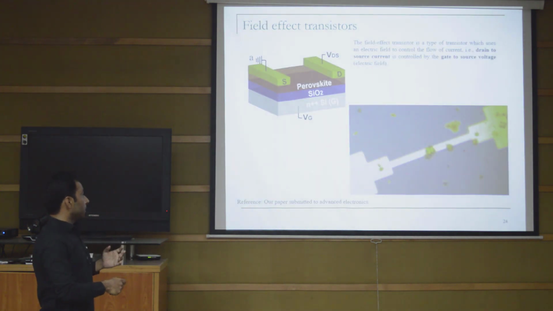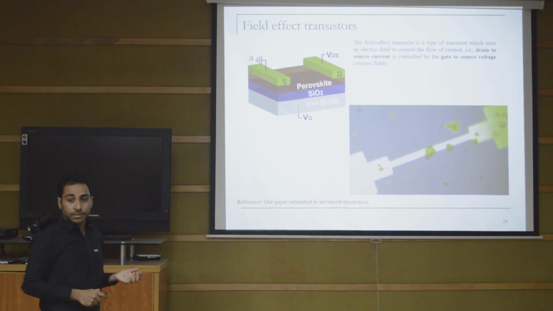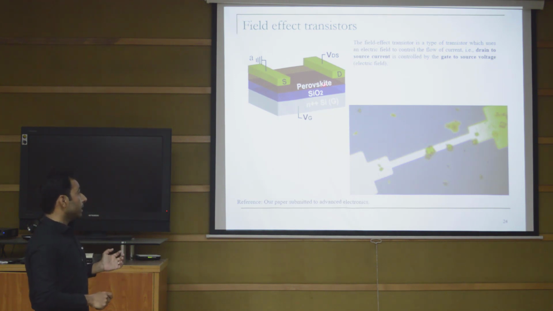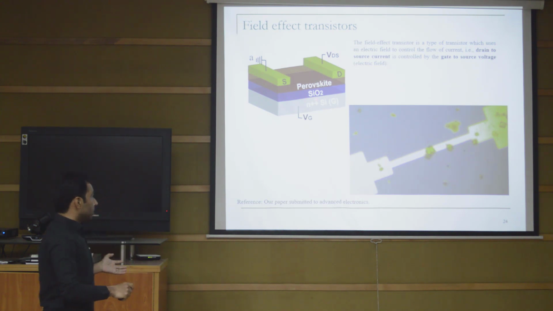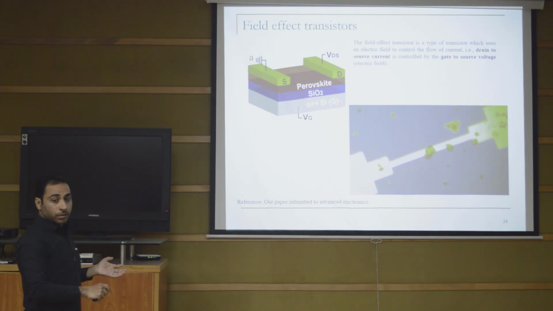And after this, you can also utilize the same perovskite material for field effect transistors. This device is also very simple. There are no sophisticated layers, just the silicon dioxide wafer and perovskite film, and then 2 electrodes. But the most important thing in this device is the distance between the 2 electrodes.